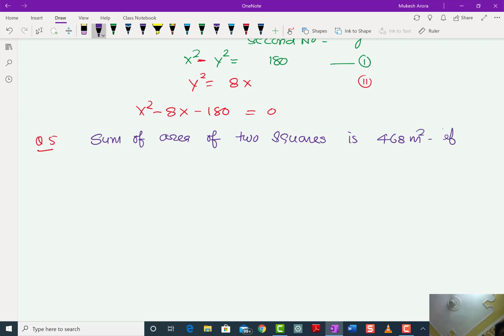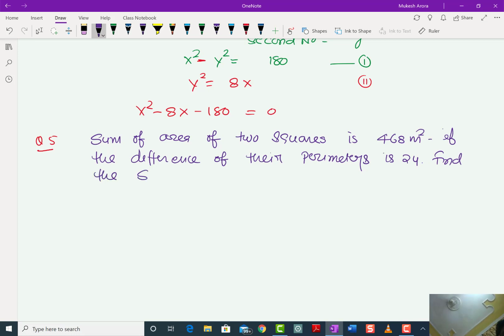If the difference of their perimeters is 24, find the sides of the 2 squares.